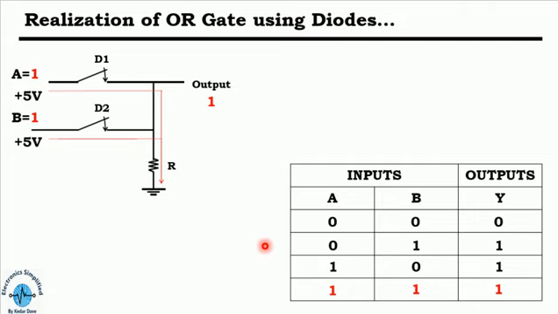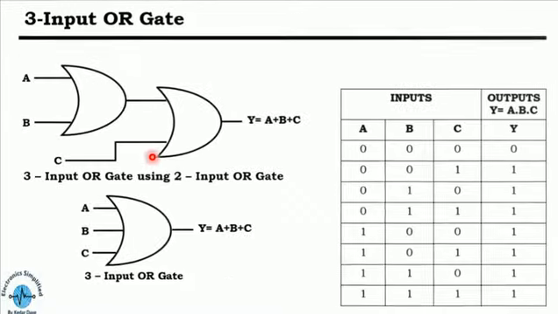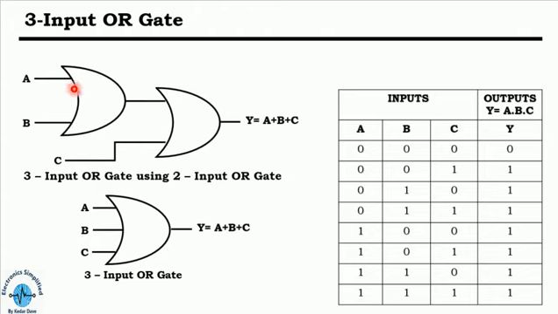Further we can increase the inputs using the same logic which we have used in the AND gate, and it can be represented as this. This is the 3 input OR gate.